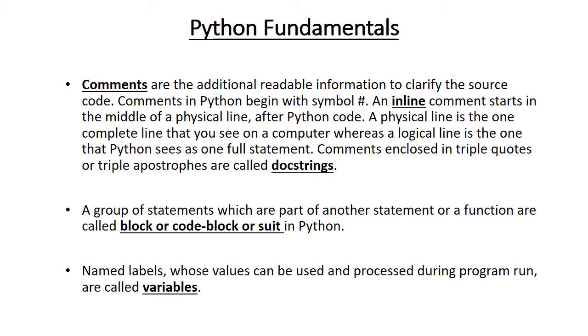Comments enclosed in triple quotes or triple apostrophes are called docstrings. A group of statements which are part of another statement or a function is called a block, or code block, or suite in Python. Named labels whose values can be used and processed during program run are called variables.